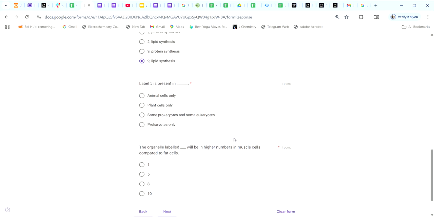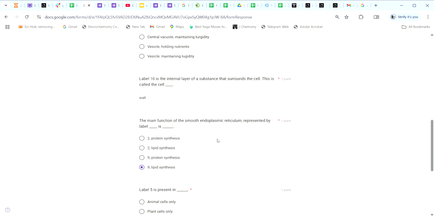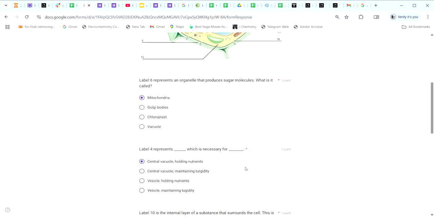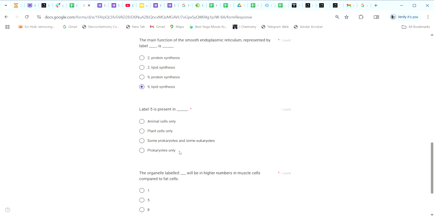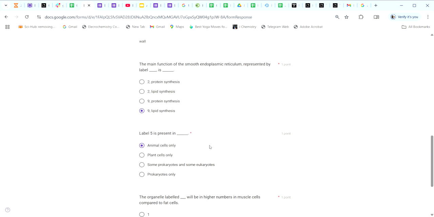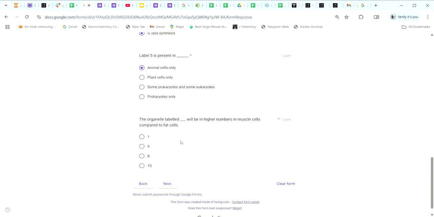Label 5 is present in animal cells. The organelle labeled in 1, 5, 8, 10 will be in higher number in a muscle cell.